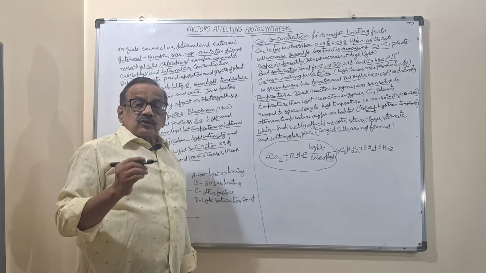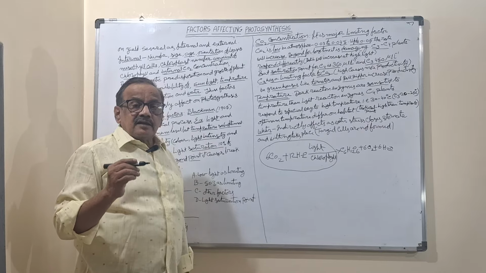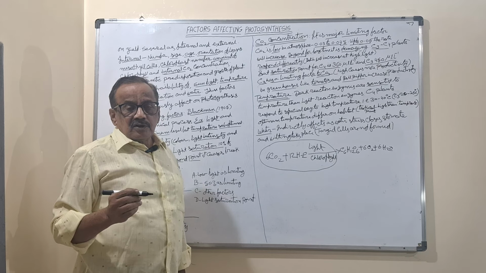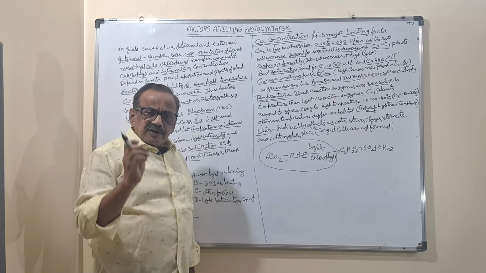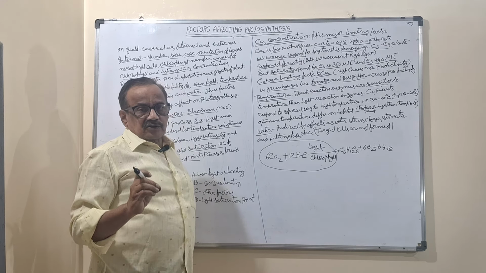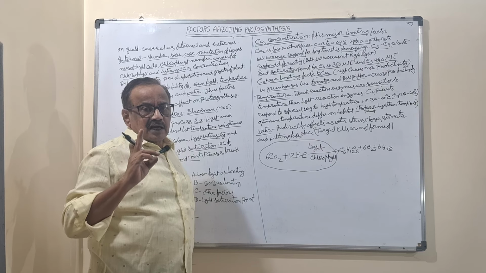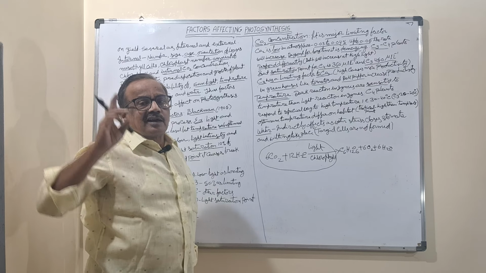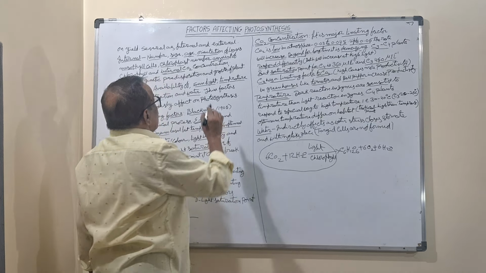So slowly the rate will decrease in old leaves. Leaves that are very small and just developing also have a low photosynthetic rate, but mature leaves will have the maximum photosynthetic rate.